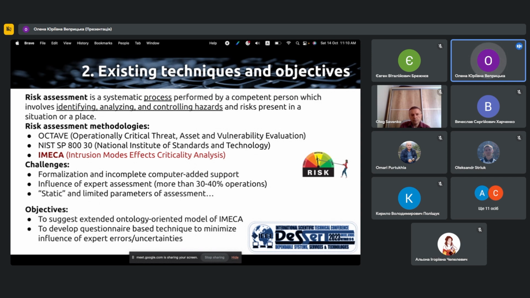The main challenges are its formalization, incomplete computer-aided support, and the influence of expert assessment. The objective of this study is to suggest an extended ontology-oriented model of IMECA and develop a questionnaire-based technique to minimize the influence of expert errors.